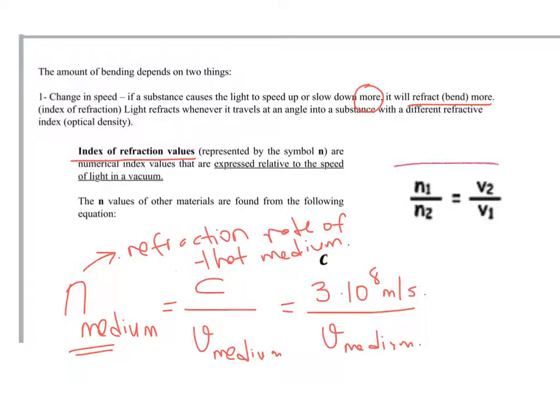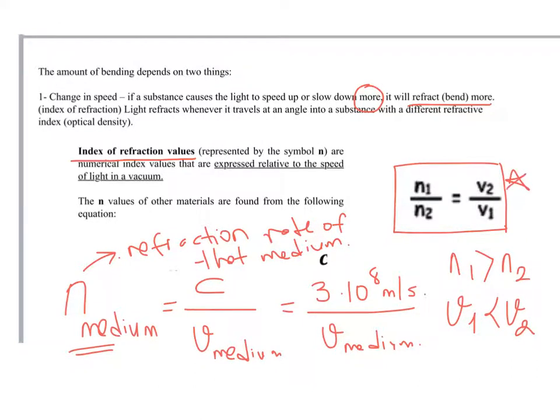The refraction index is inversely proportional to the speed of light in that medium. If the index of refraction of any medium is bigger, that means that the speed of light in that medium is smaller, and you can use this ratio to find the speed of light.